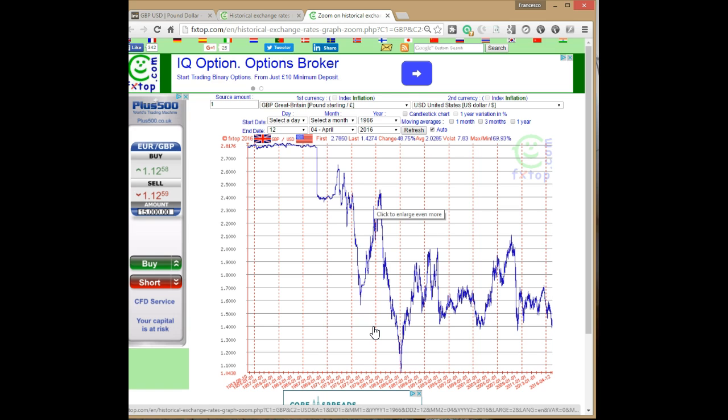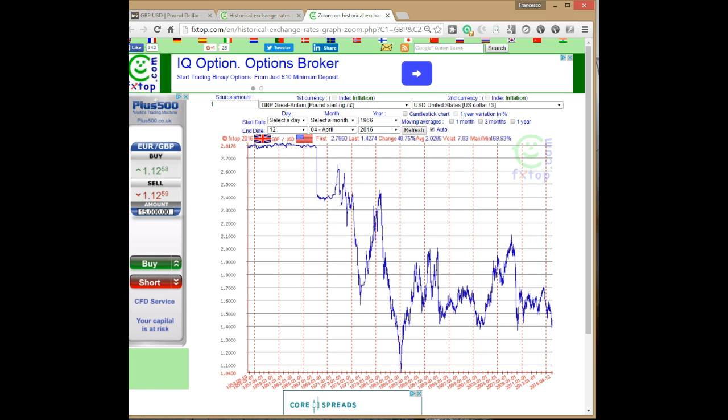But just from a chart point of view, you can see that the correlation is strong between interest rate and the pound value. Now, the interest rate at the moment has been flat for quite a while. So you might ask, where are we going with this?